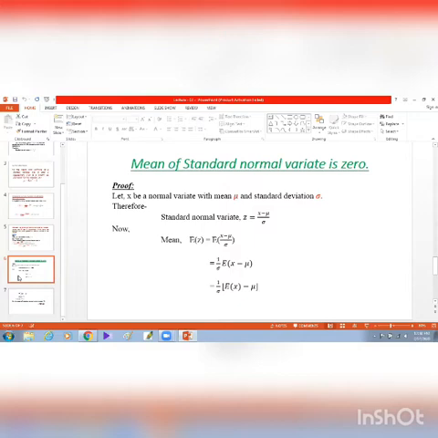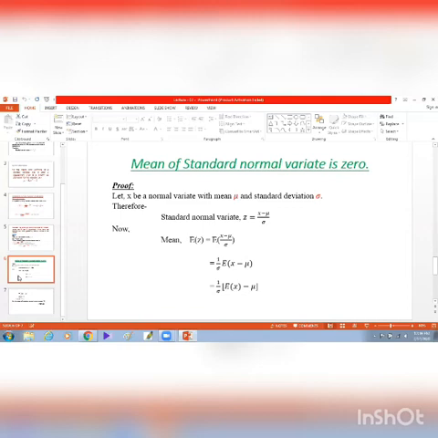We know that the mean of a continuous random variable is denoted by the expectation of the variable. Here, the standard normal variate z is a continuous random variable, so its mean is denoted by expectation of z. Now, since z equals x minus mu divided by sigma, expectation of z equals expectation of x minus mu divided by sigma.